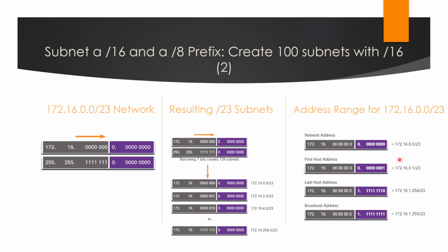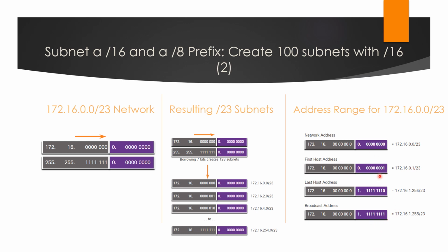Remember that the first host address has all bits in the host portion as 0, except the last one that will be 1, and the last host address will have all bits as 1, only the last one will be 0. And as the broadcast address, all the bits in the host portion will be 1.